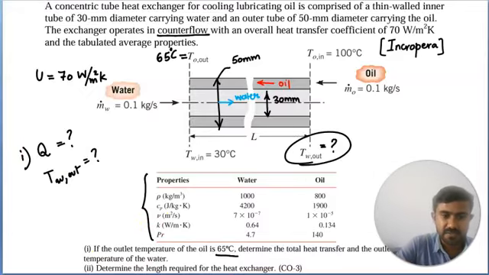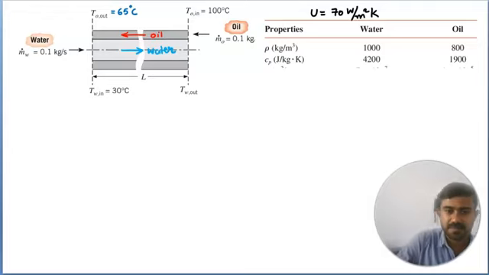So we shall start by first determining the heat transfer rate. Let's go back to our notation. We called the inlet temperature of the cold fluid as small t1 and the exit temperature of the cold fluid as small t2. So we are supposed to find t2, and because water is the cold fluid, we call it m_c. m_c is 0.1 kg per second.